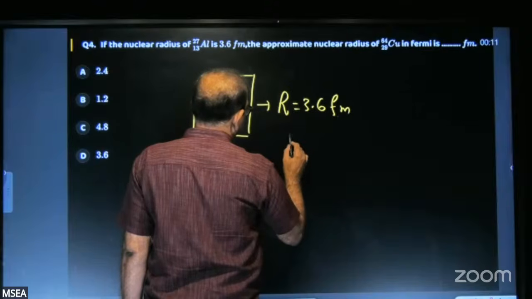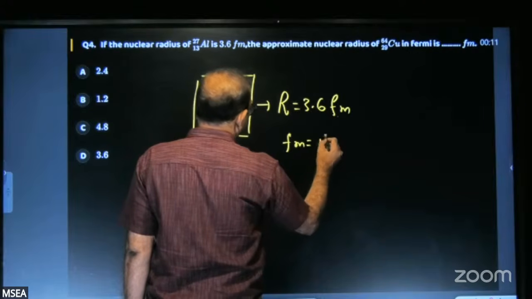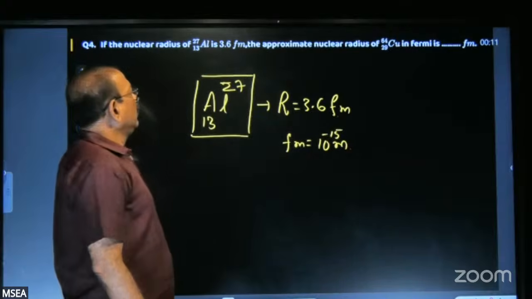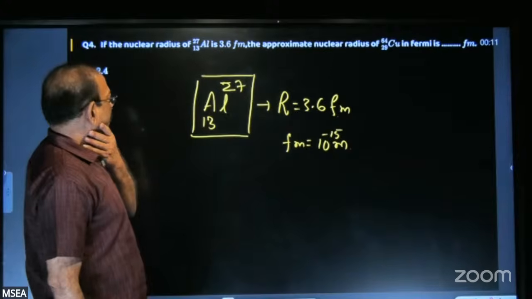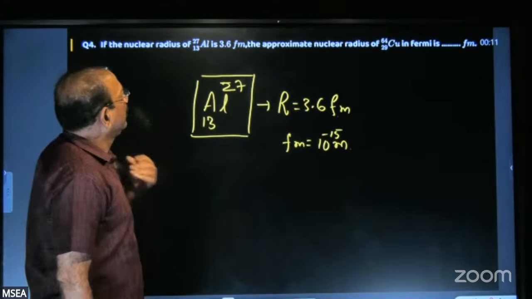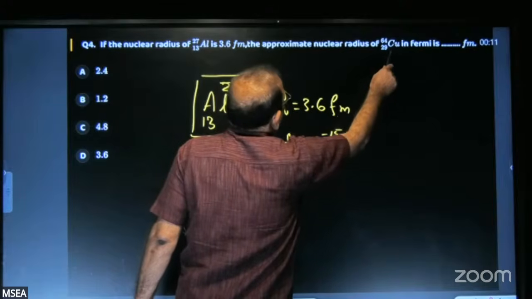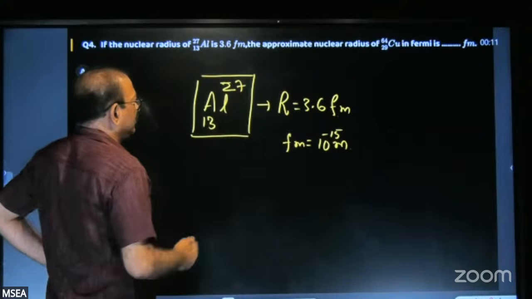One Fermi, a unit of distance, is 10 power minus 15 meter. What is the approximate nuclear radius of the nucleus with mass number 64? Very easy.